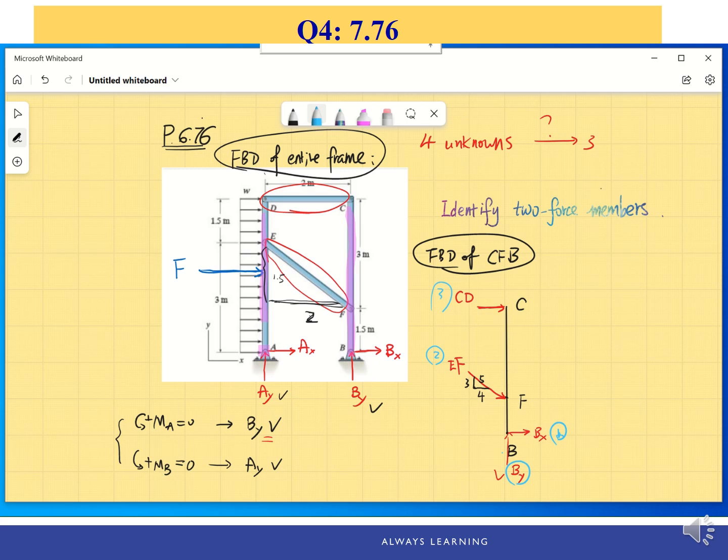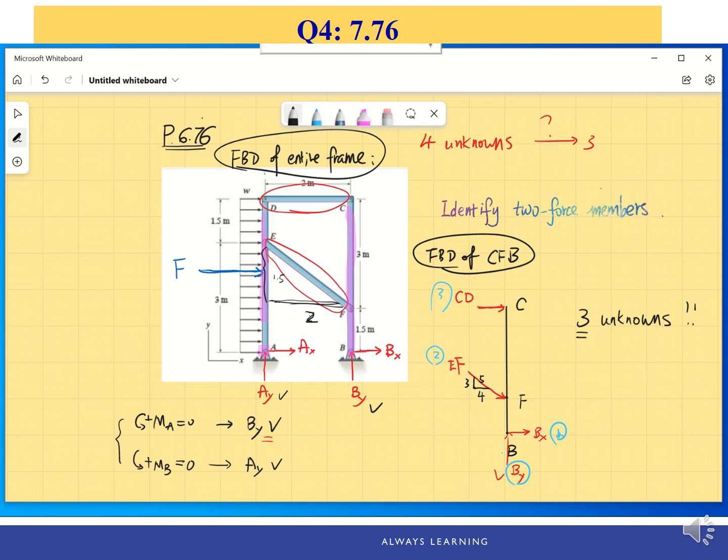Which one are we going to solve first? Well, even if we want to solve BX first, maybe it cannot be solved directly, right? But at least we know that there are 3 unknowns and we can solve all of them with the single free body diagram.